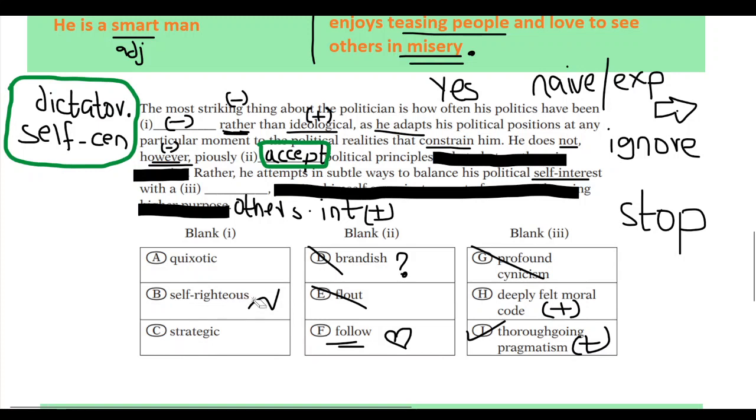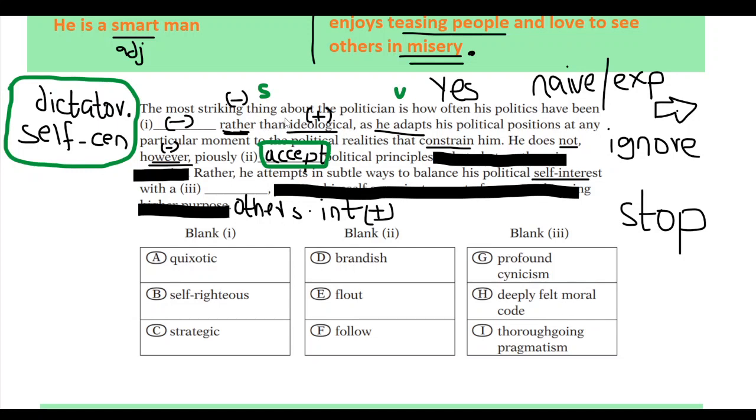I'm going to keep these guesses just so that you guys can get a feel of how ETS loves playing with your thought process and how you need to think very strategically in order to tackle these. So it says right over here, the most striking thing about the politician. Okay, so the most striking thing is going to be the subject, and about is going to be the verb.